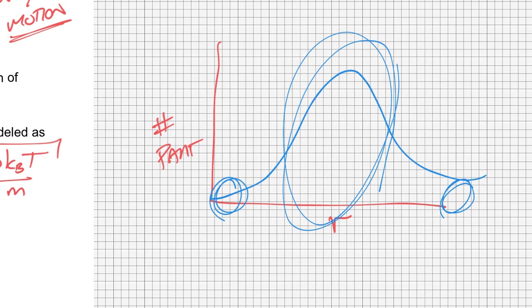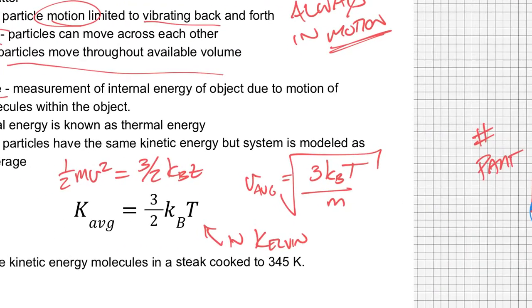Now, if we look at this, there is a direct relationship between the velocity and the temperature, right? So this doesn't mean that it's equal, but as the temperature goes up, the velocity of the particles goes up, or you might say it the other way, as the velocity goes up, the temperature increases.